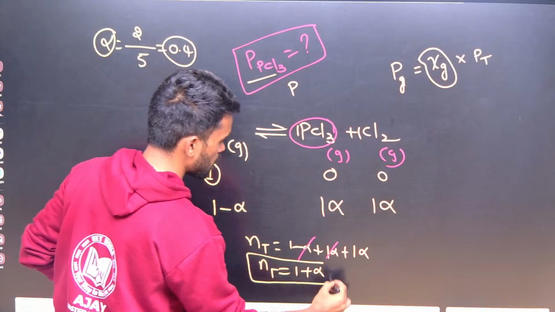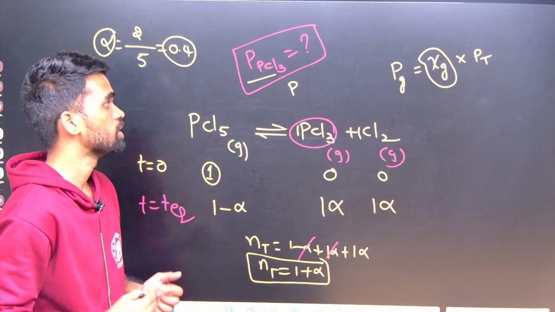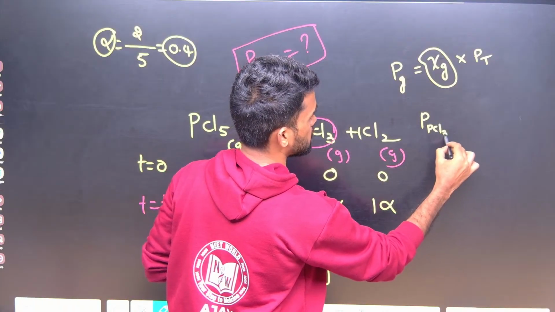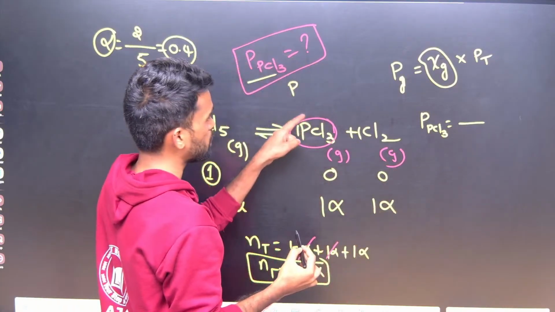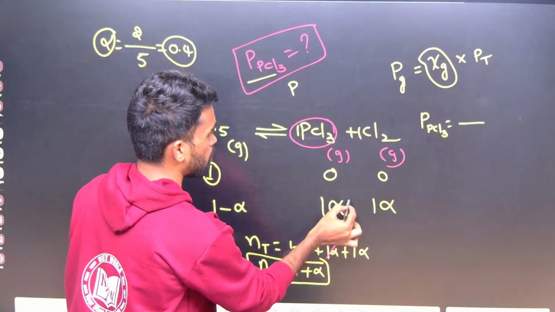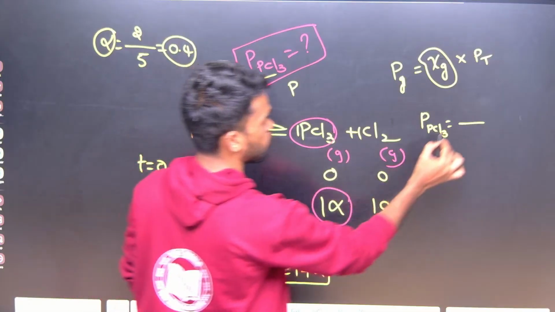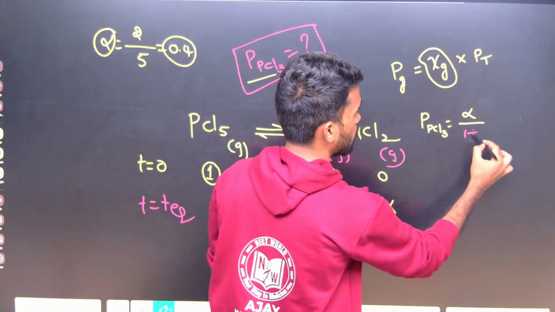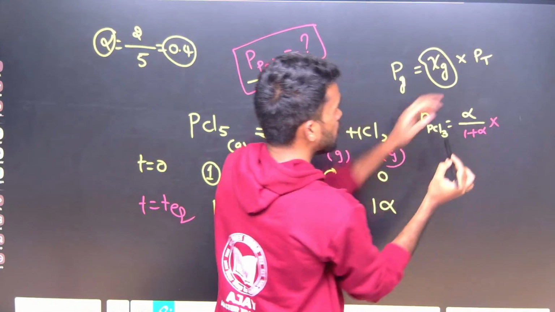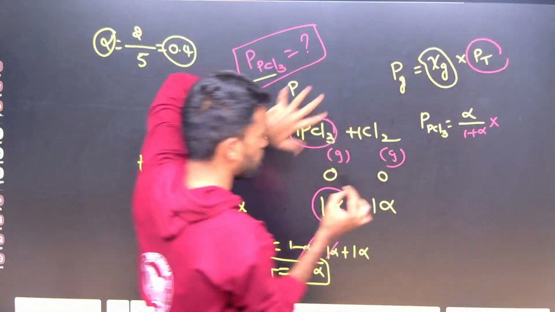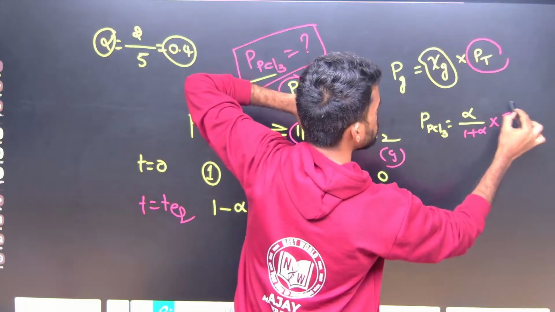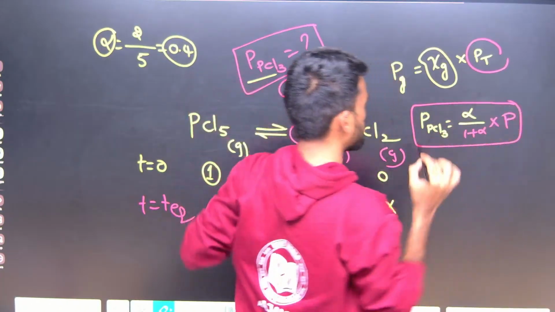Now the partial pressure of PCl3 is nothing but the number of moles of PCl3, that is alpha, by total number of moles, that is 1 plus alpha, multiplied with the total pressure of this mixture of gases at equilibrium, that is P. So this is how you should answer the partial pressures.